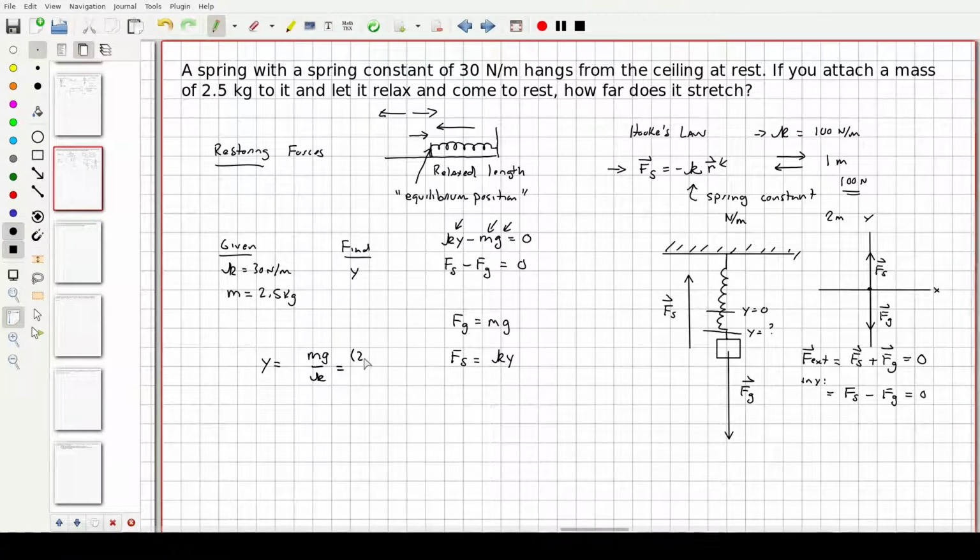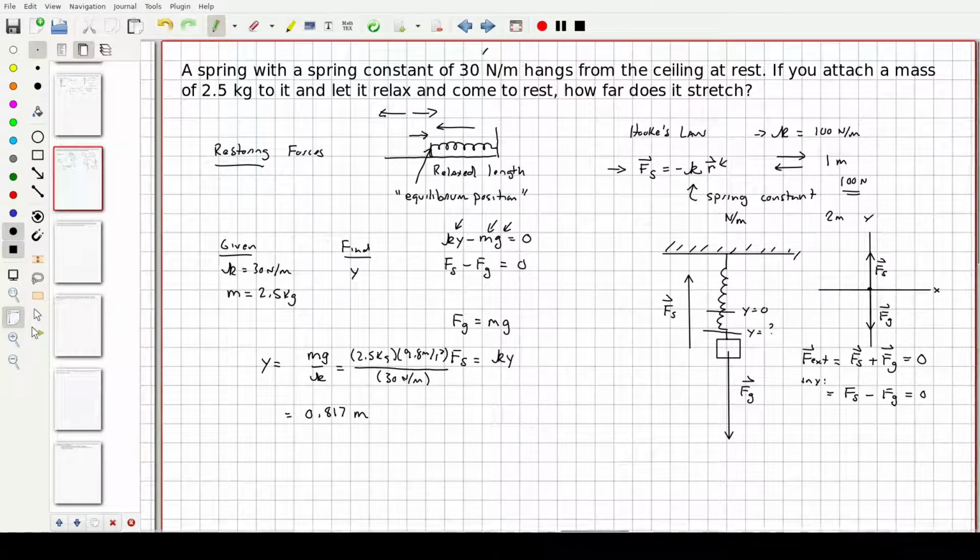M is 2.5 kilograms. G is 9.8 meters per second squared. And k is 30 newtons per meter. Now, if I plug this into my calculator, I get 0.817 meters.